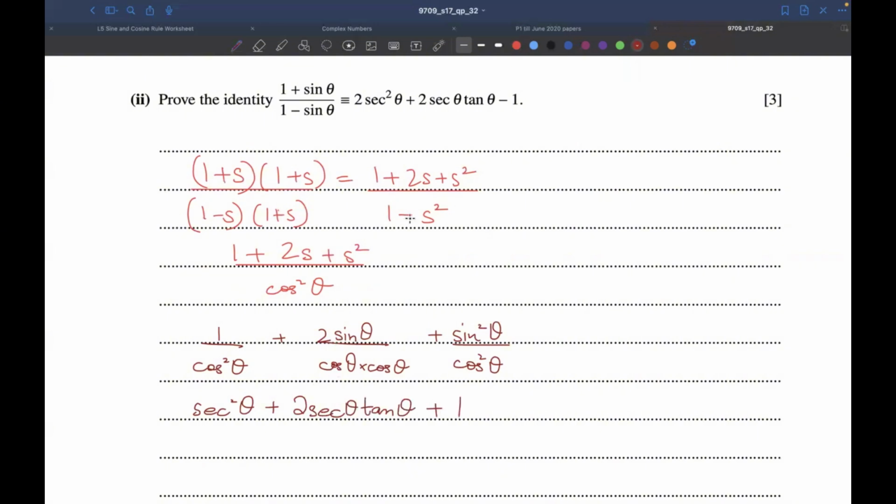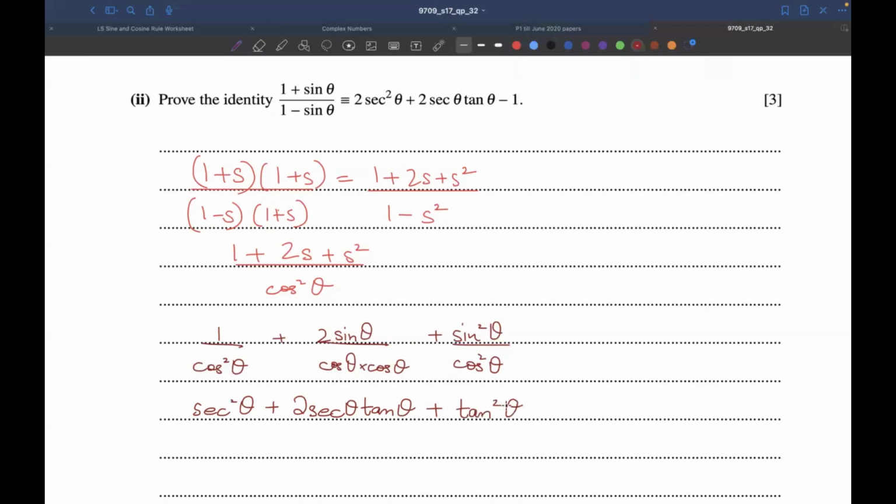But in the question, we have 2 sec square theta instead of sec square theta, and minus 1 over here. So in place of 1, maybe we can use an identity. Oh, sorry, a mistake. Sine square upon cos square is tan square theta. So this will become tan square theta.